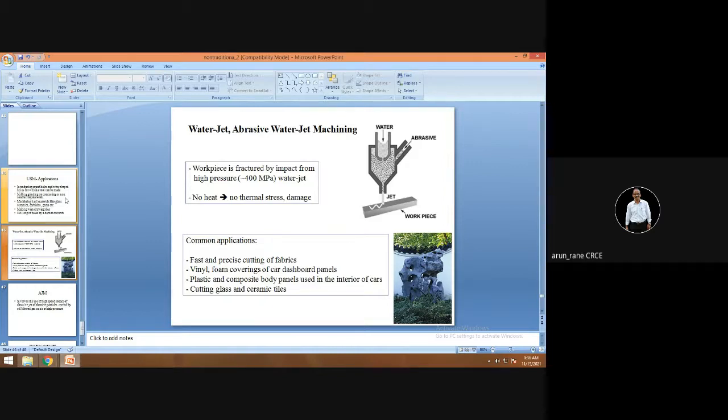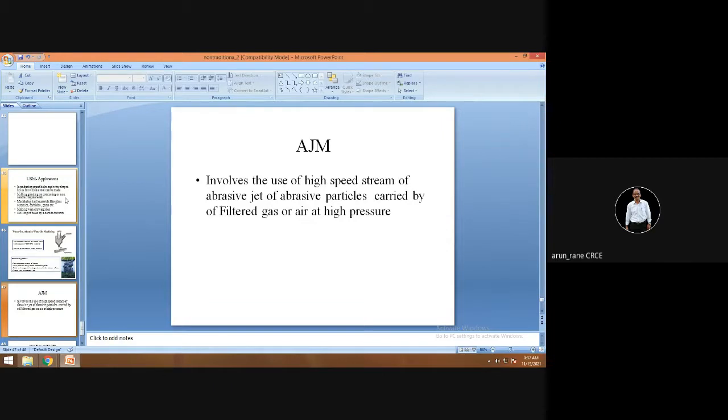This has been already explained, but again to revise, very high pressures of water in the range of 400 megapascals are used, and there is no heat developed, so there are no thermal stresses. The cutting is fast, and if it is abrasive water jet machining, then the material removal rate is still higher. Abrasive jet machining also we have done in detail.